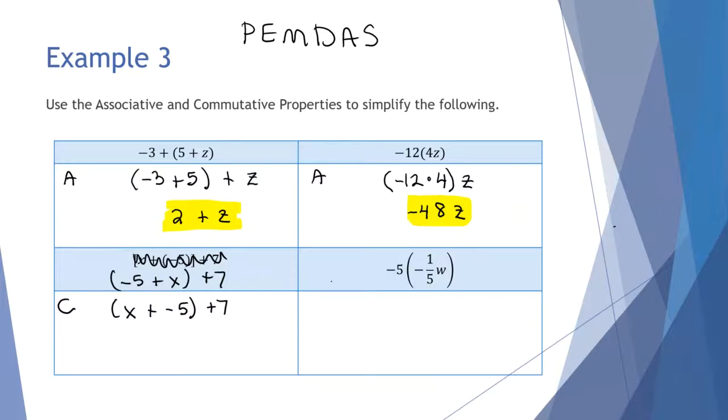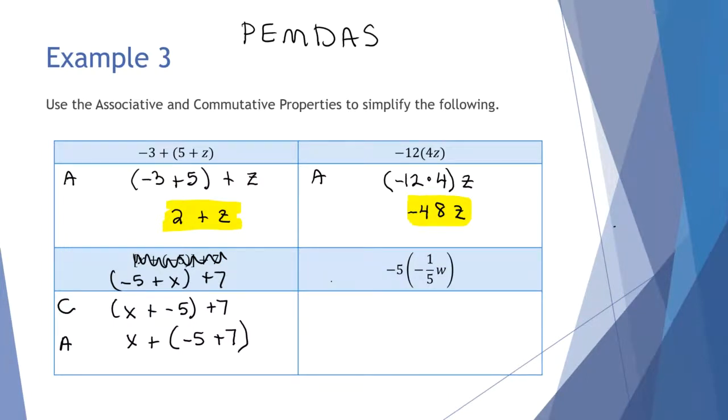This one's the associative property. Now, order of operations, x plus -5, that's in the parentheses, but they're different things. We can't add those. So I'm going to use the associative property to move the parentheses. So instead, I'm going to put the parentheses around the -5 plus 7.